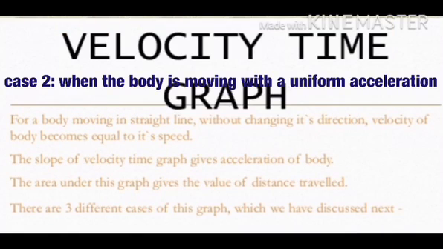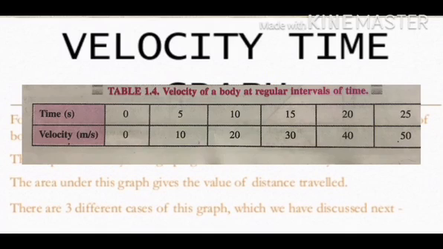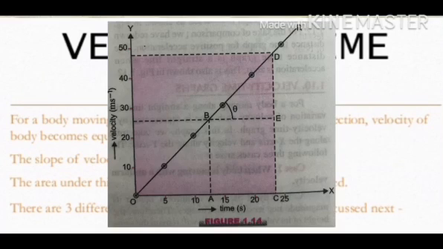And the second case: when the body is moving with a uniform acceleration. See, this is a table according to which the graph is made. When we plot these points, taking time along the x-axis and the velocity along the y-axis, we obtain a straight line OR, which is inclined to the time axis.